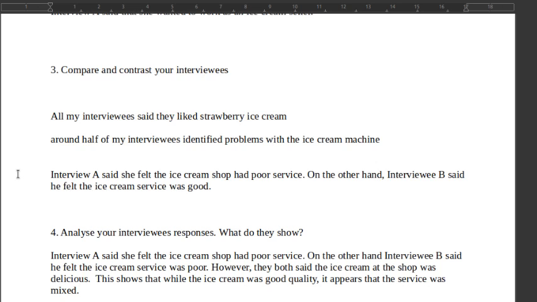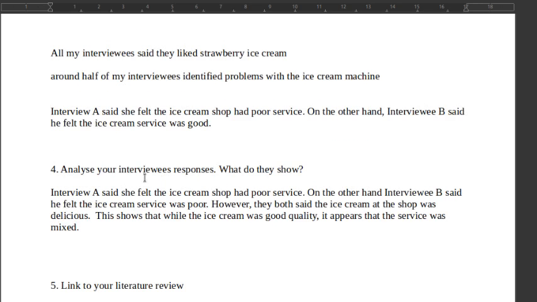On the other hand, interviewee B said he felt the ice cream service was good. So compare and contrast between your interviewees. Did any of them say different things from each other, or did they say the same things? Bring that out in your research report for your primary research.